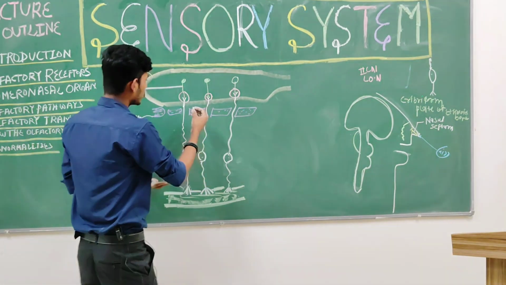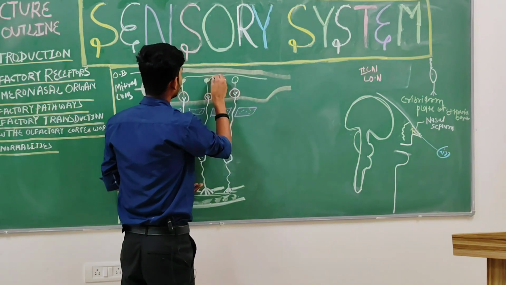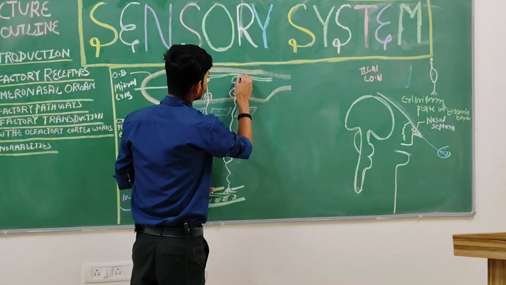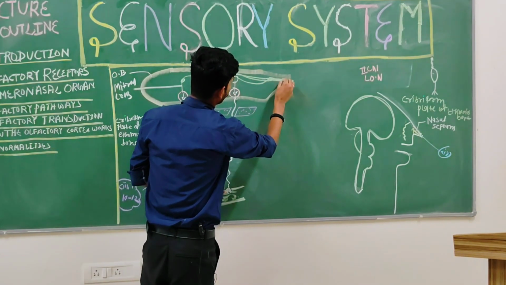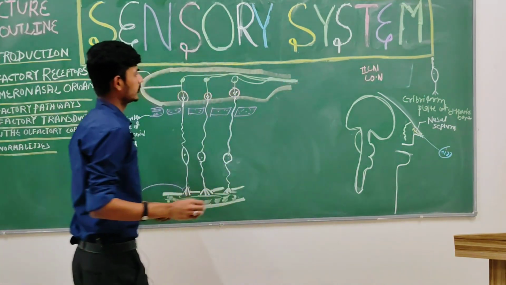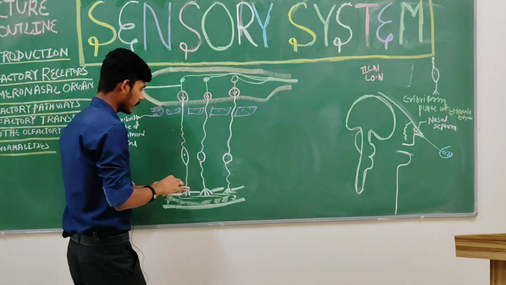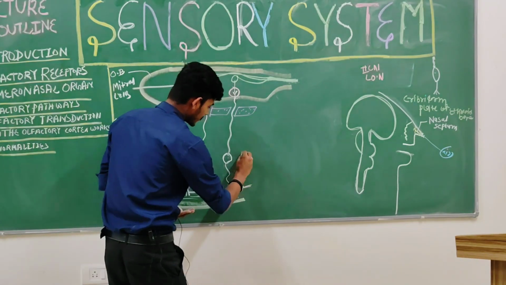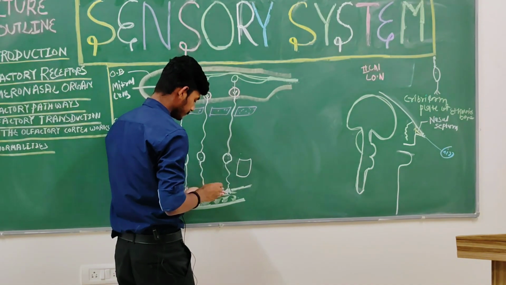So these neurons, or we can say the specialized mitral cells neurons, make the connection. Once again, also don't forget there are some of the testicular cells present here.